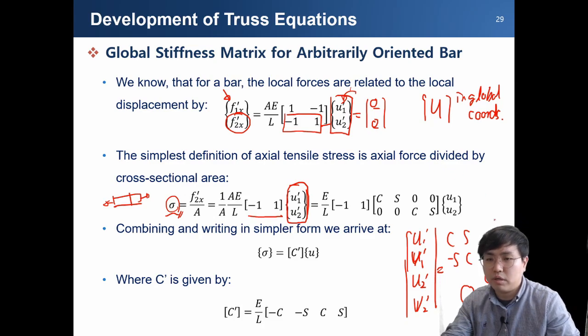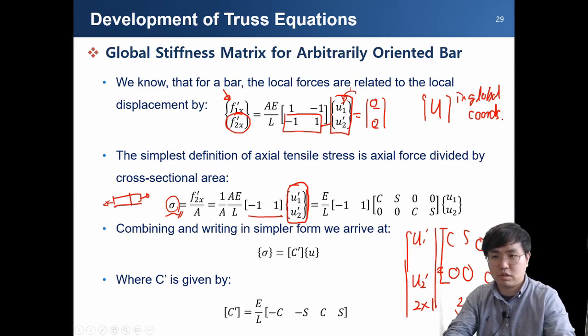However, we need only U1 prime and U2 prime, so we can neglect this part and only use this. This is 2 by 1, this is 2 by 4, and this is 4 by 1. The total result is 2 by 1, the same expression.